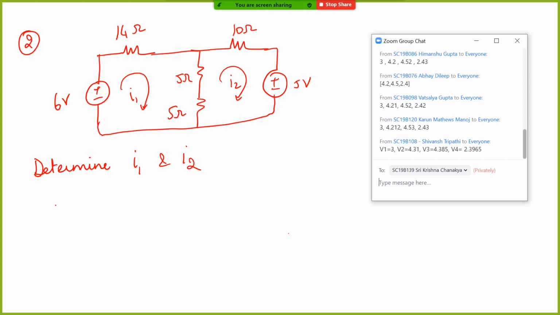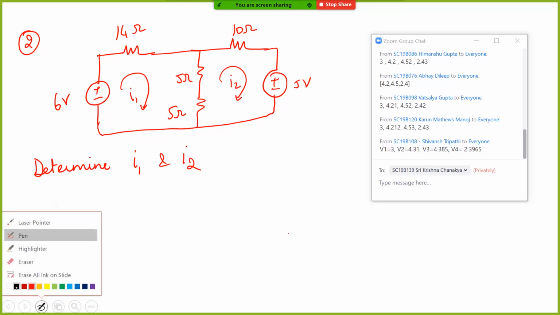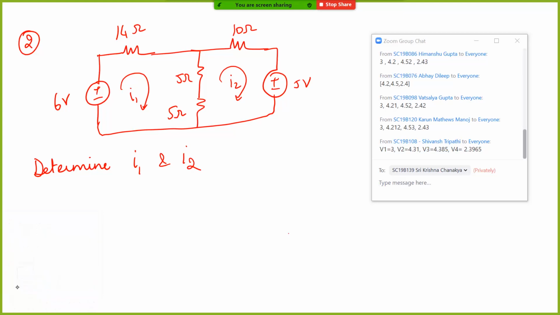So how do we do mesh analysis? Let me walk you through this so that those of you who have forgotten can remember.